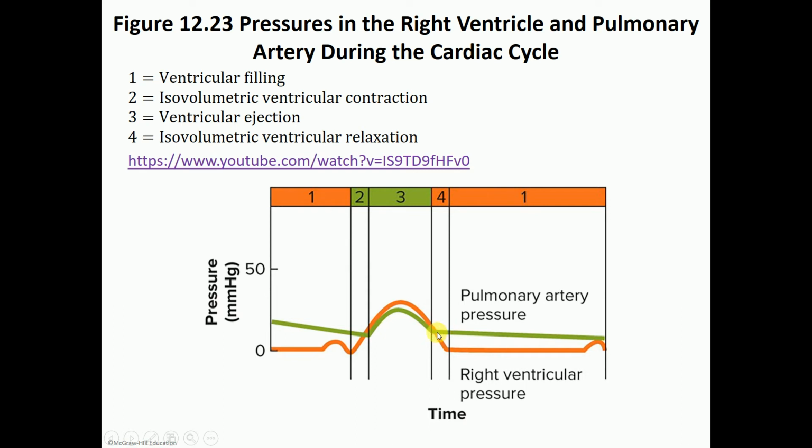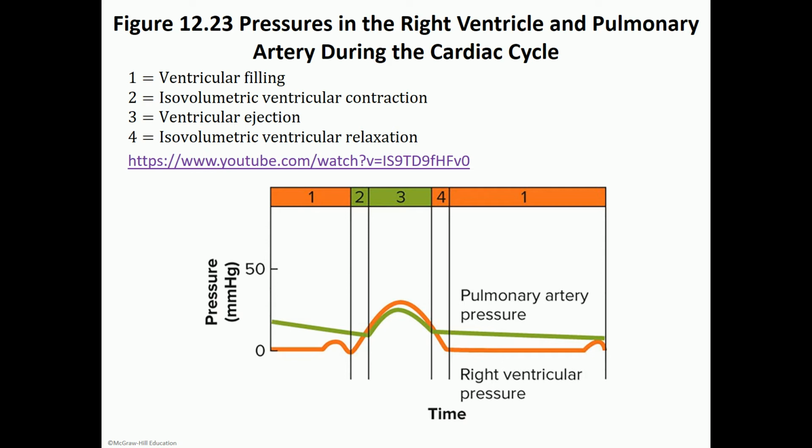That will take us to the isovolumetric relaxation phase, where the ventricle starts relaxing, and you can see the pressure going down until it goes below the pressure found in the right atrium. And again, the tricuspid valve opens, and then we repeat that whole cycle all over again.